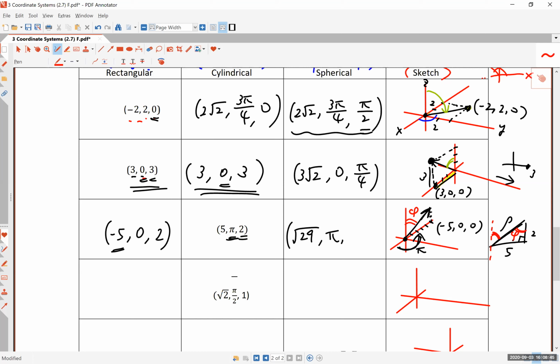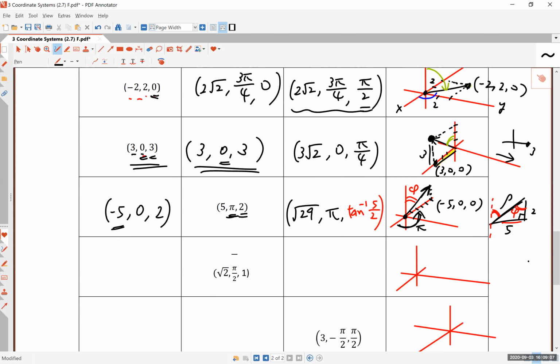And there is really no nice way of expressing this except with the inverse function. And so if you use 5 and 2, you can call this the inverse tangent of 5 over 2. And that's probably the best way to write that. Of course, that makes sense from the geometry or the trigonometry of this picture.